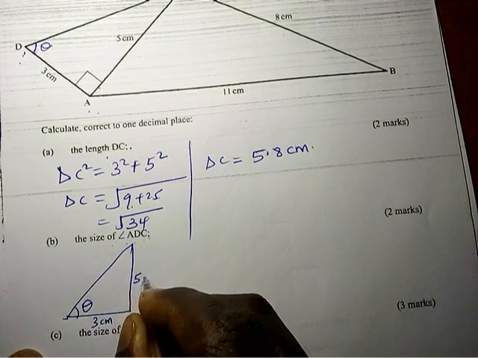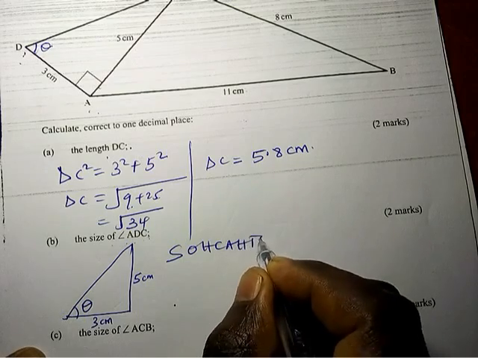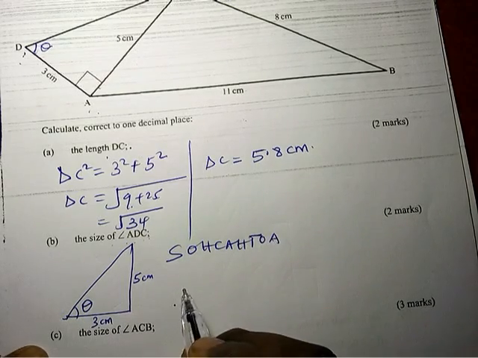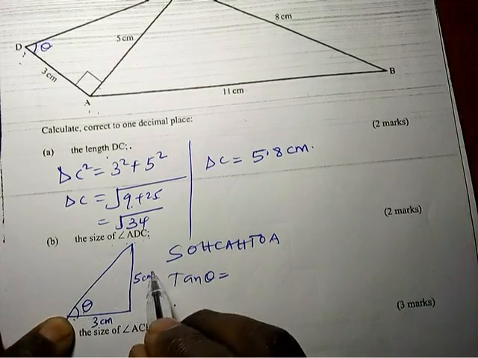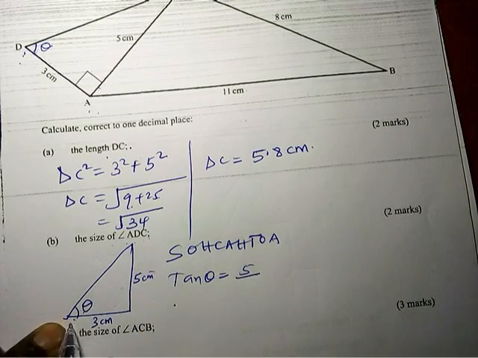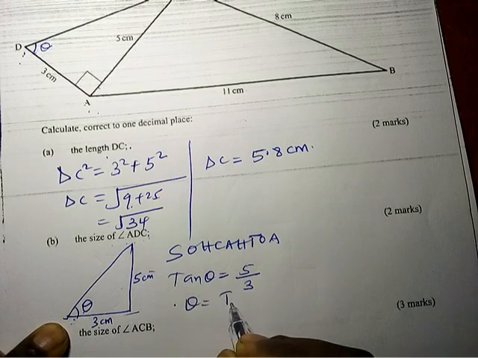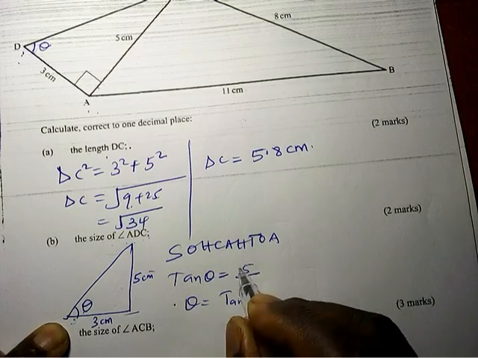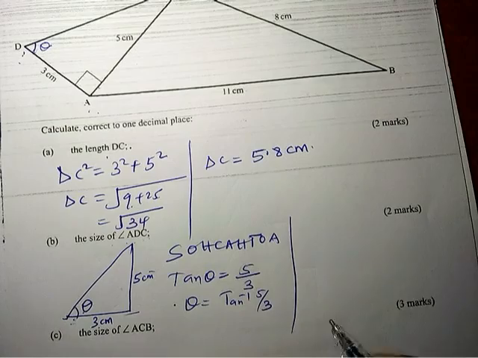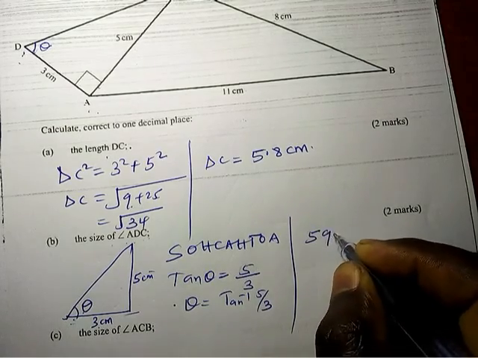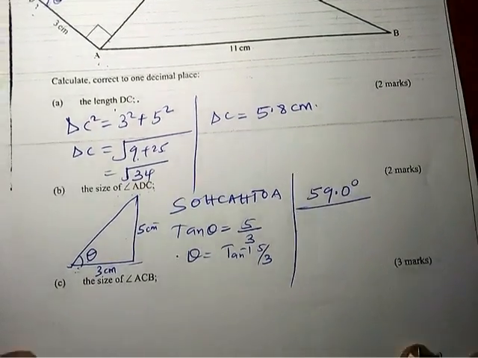We use TOA, so we use tan theta. Tan theta is equal to opposite, which is 5, over adjacent, 3. So theta is equal to tan inverse of 5 over 3, and this gives us 59.0 degrees.